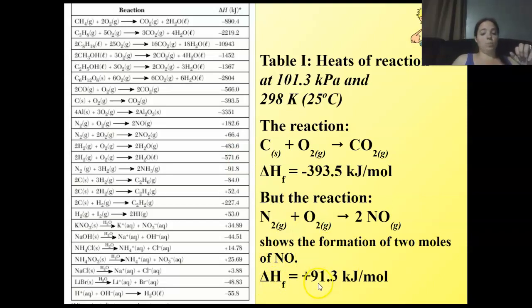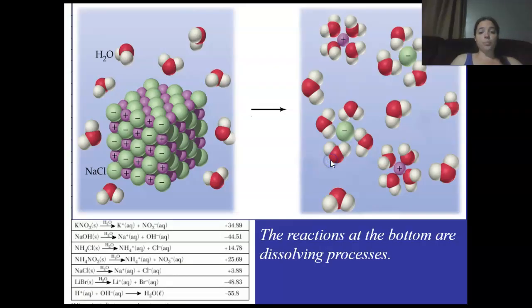The delta H is plus 91.3 per 1 mole. So it'd be half of what is there. So anything with the 2 in front of it, you'd have to halve it to find out what 1 mole would be.